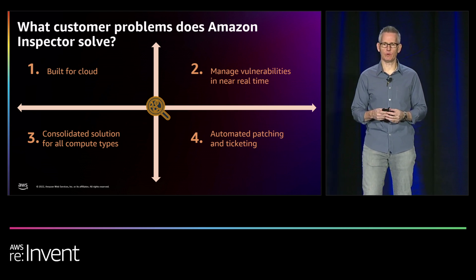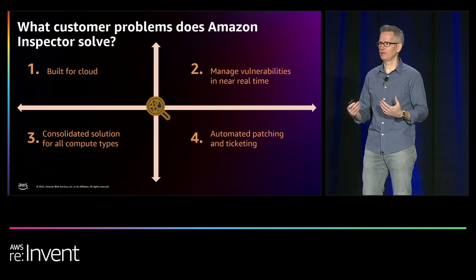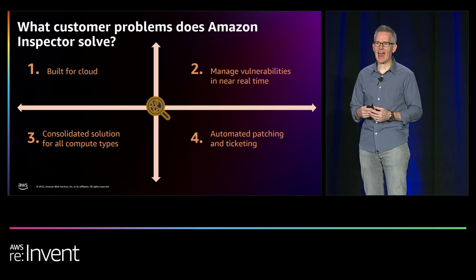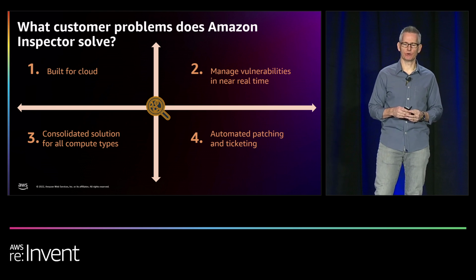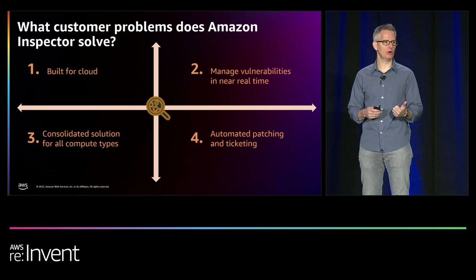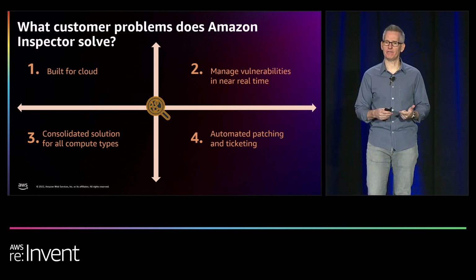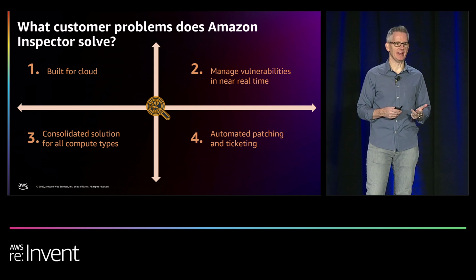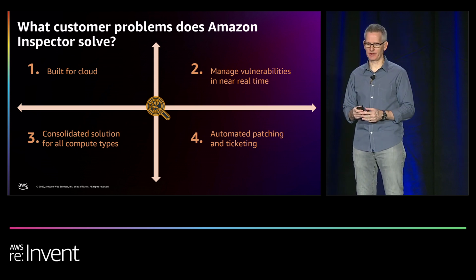And finally, we saw customers struggling with, once they had all the data, what do I do with it? How do I action this data? So we built Amazon Inspector to make it easy to, number one, know the state of my environment, number two, know what my findings are, and number three, have easy methods to take those findings, send them into other tools, and action them.